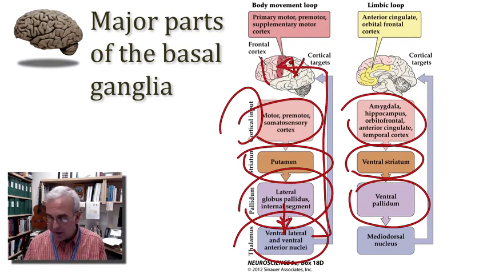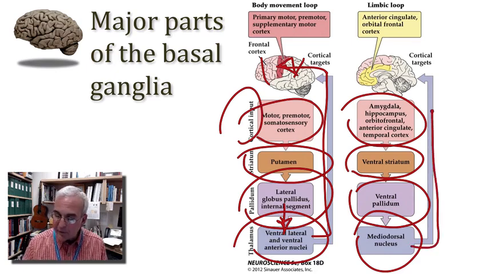In the limbic loop, the ventral pallidum projects to a different thalamic structure. It's called the medial dorsal nucleus of the thalamus. And this is the thalamic nucleus that sends signals back to many of these telencephalic structures that provided the original input to the ventral part of the striatum. In particular, the cingulate gyrus and other parts of the orbital and medial prefrontal cortex.